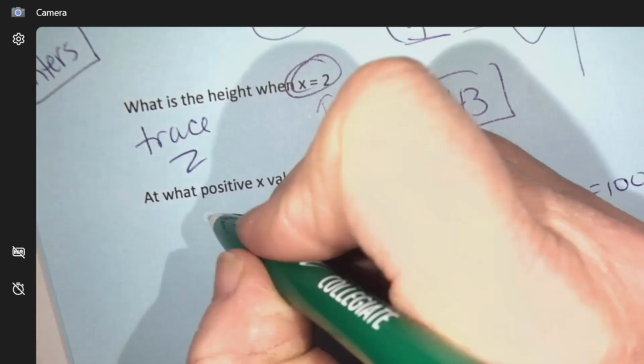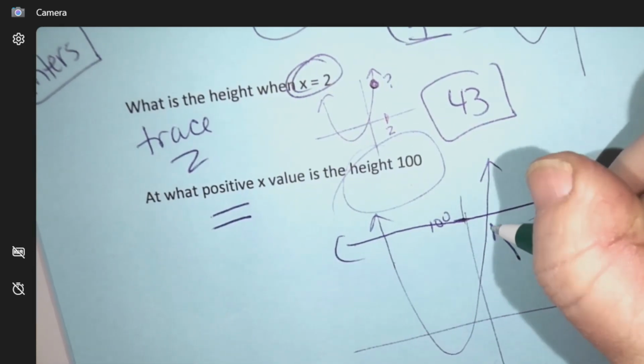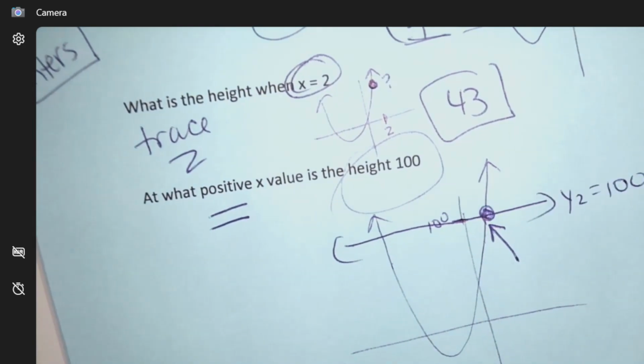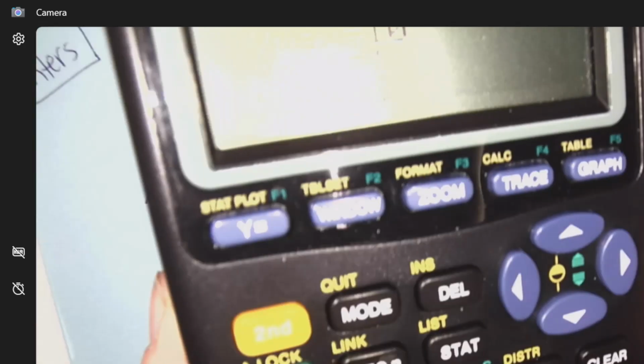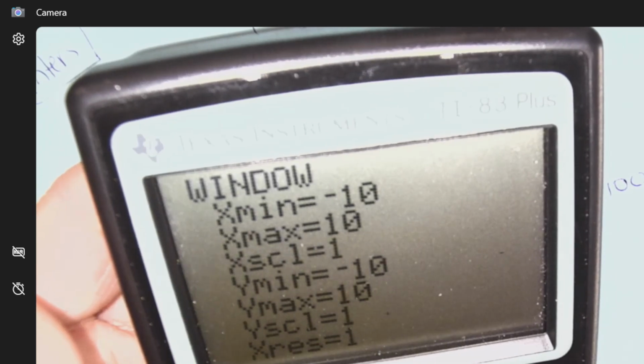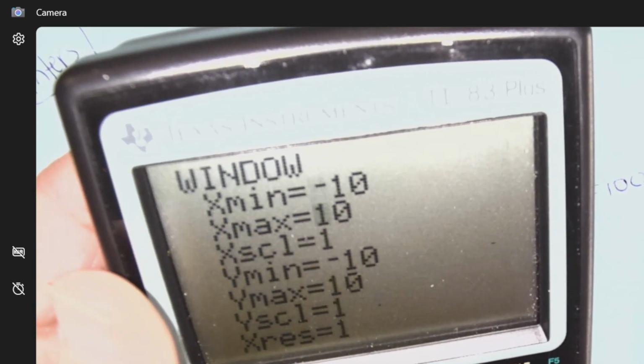And it says a positive x value. So you're wanting that x value, and your window is going to have to change, right? So under my window, I already know I'd like to see past 100.